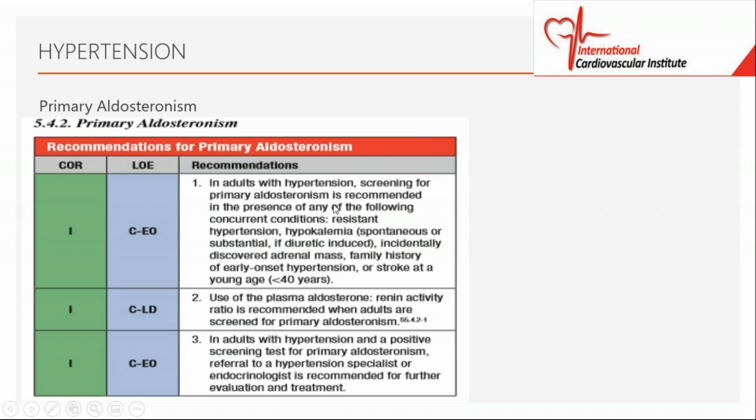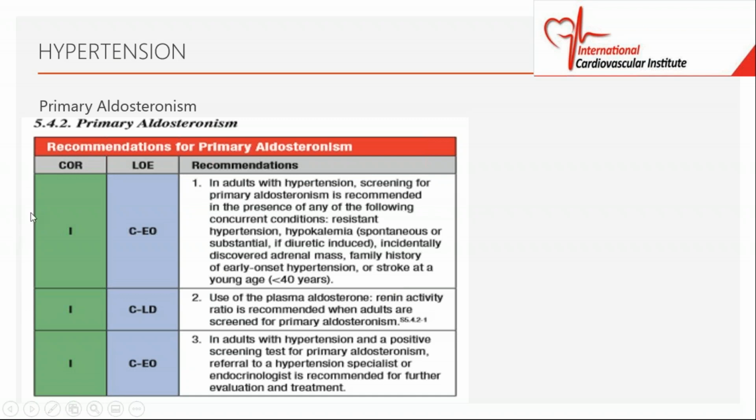If the patient has hypokalemia, low potassium, it may be spontaneous or it may be induced by diuretics. Or if you incidentally discover an adrenal mass. The patient may also have a family history of early onset hypertension or a stroke at a young age.